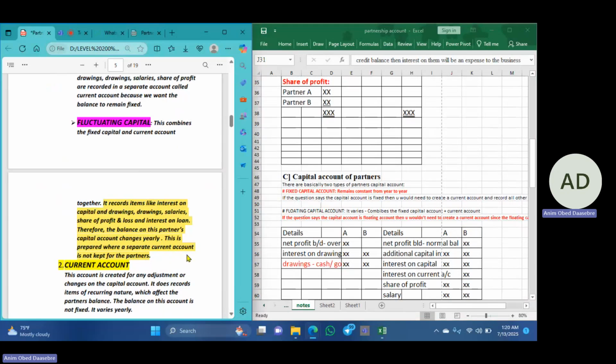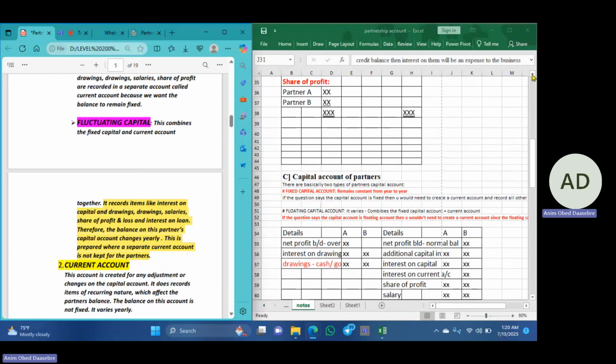And usually the appropriation account will be transferred to the current account.